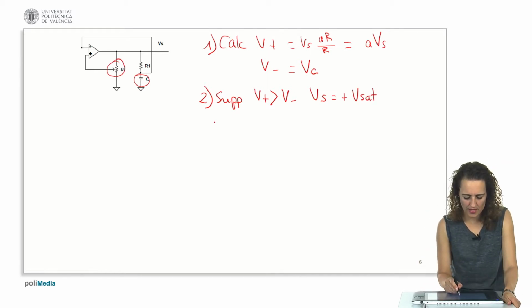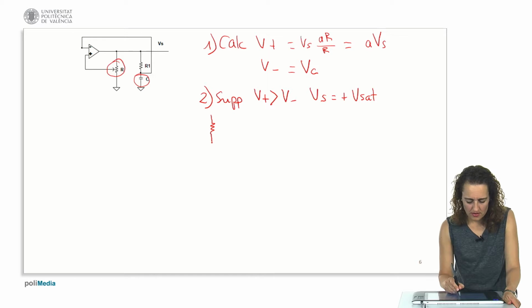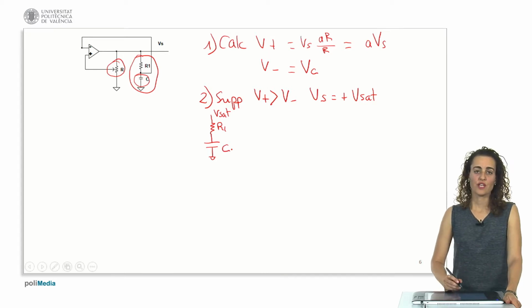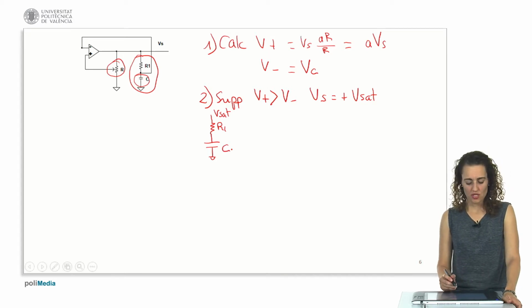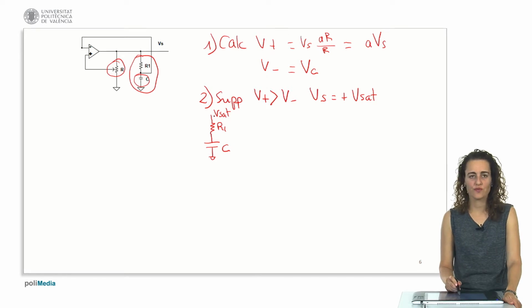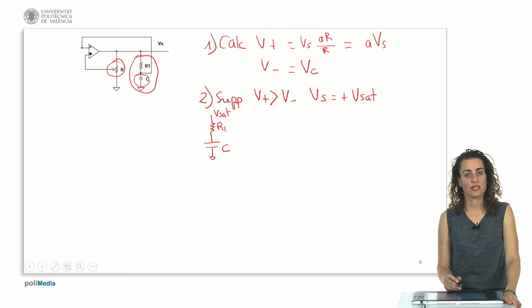In this case, what I have is the charge of the capacitor. In the last branch of the circuit, we have the saturation voltage, then resistor R1, and then the capacitor. So, if initially the capacitor is discharged, when we have a saturation voltage in this terminal, this will lead to the charge of the capacitor.